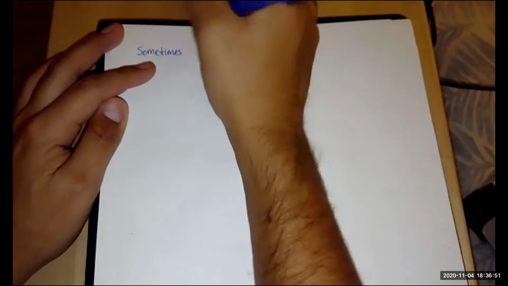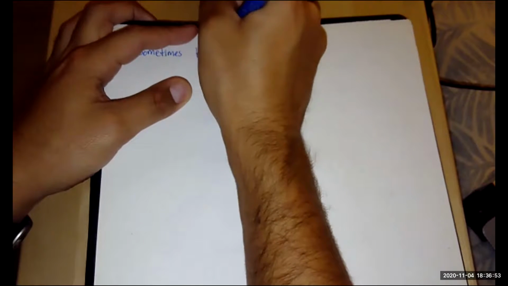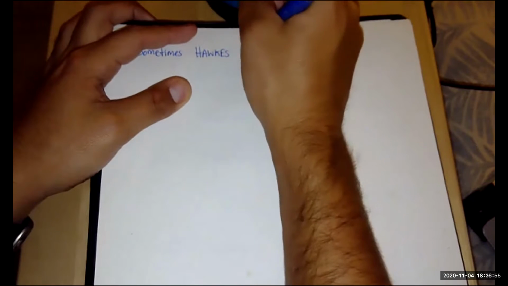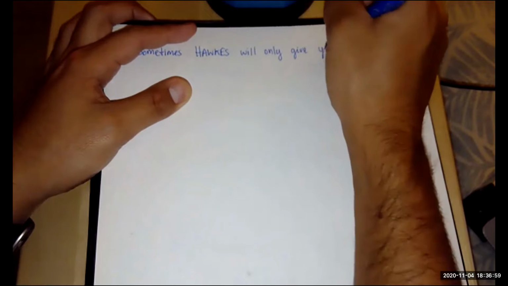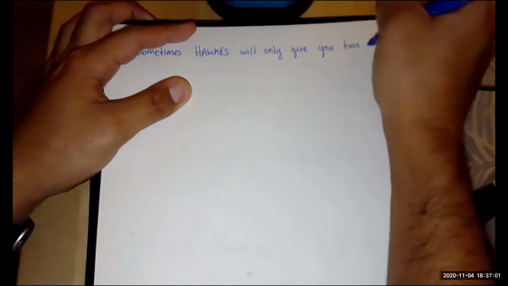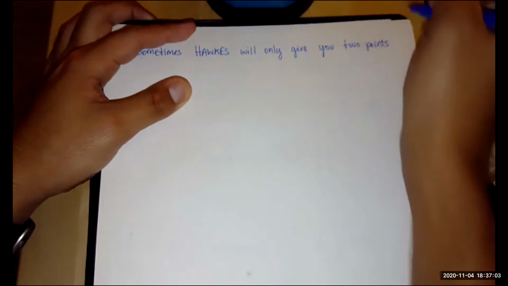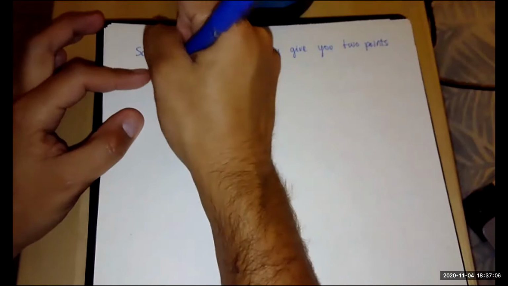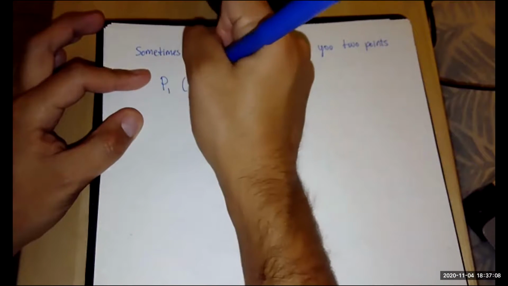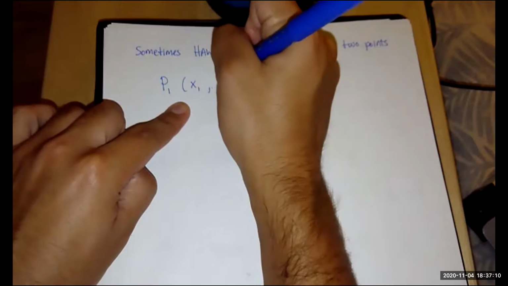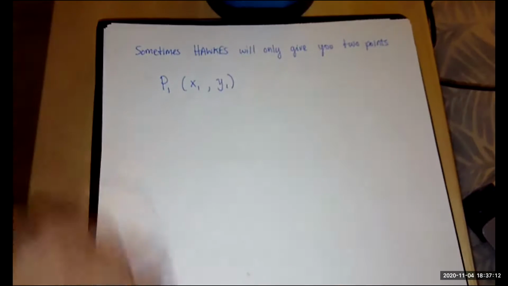Okay. So sometimes they won't give you the equation though. So sometimes Hawks will only give you 2 points. So we'll call those 2 points. Point 1 has the coordinates x1 and y1.